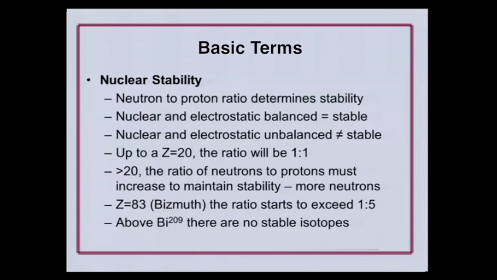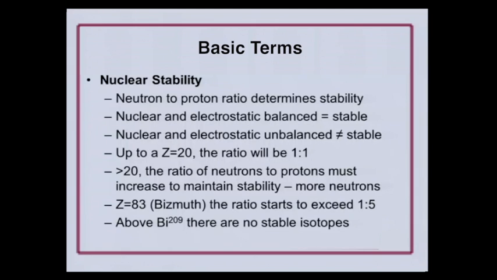to maintain stability. In other words, when I start getting more than 20 component parts, or protons, within a nucleus, then the repulsive force starts getting outside of the range where the nuclear force can hold everything together.